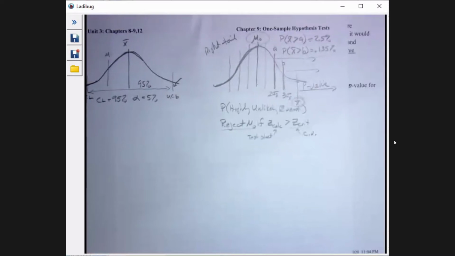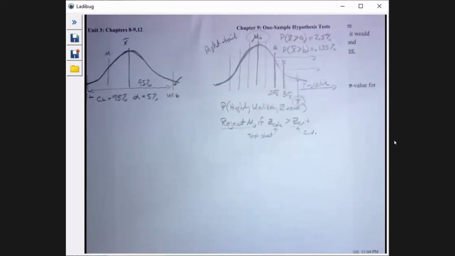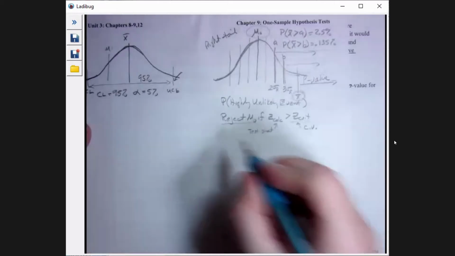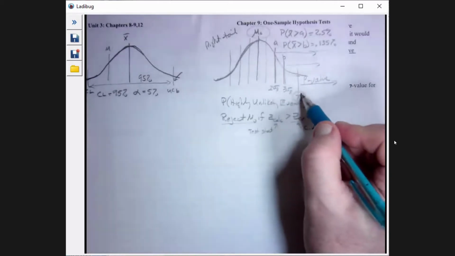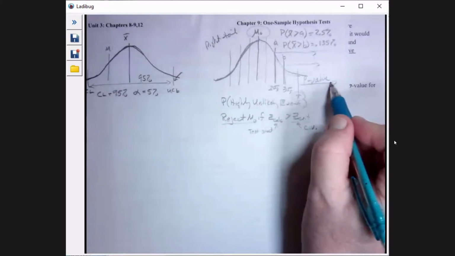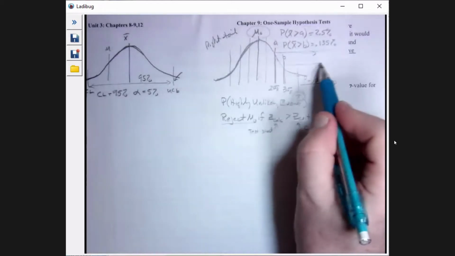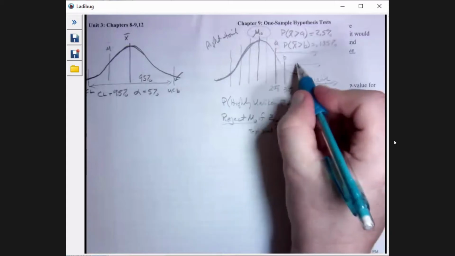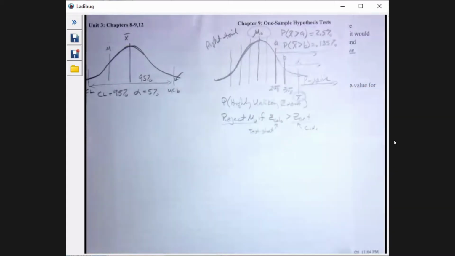Is everybody okay so far? Yeah. Okay. And then in terms of determining whether we reject or not, if my p-value is less than, remember, my area to the right of my critical value is my alpha.